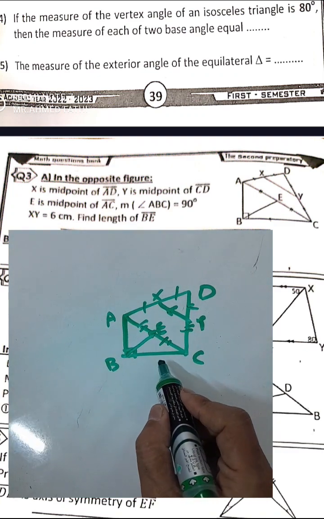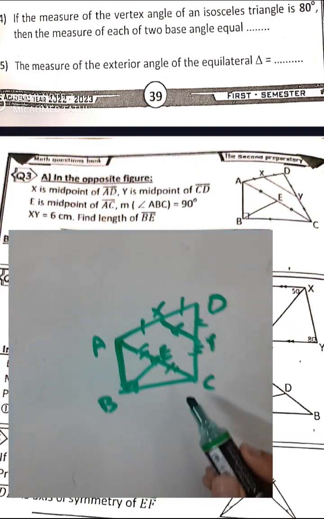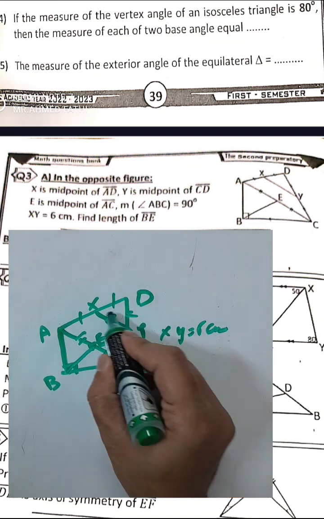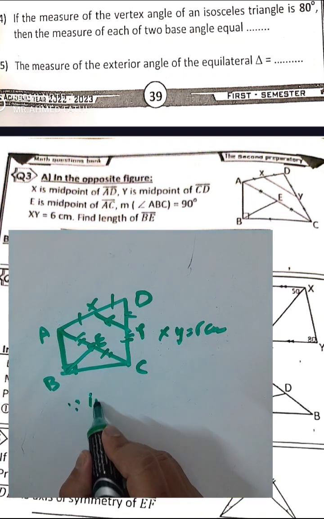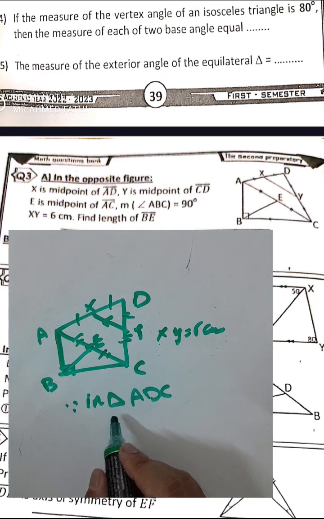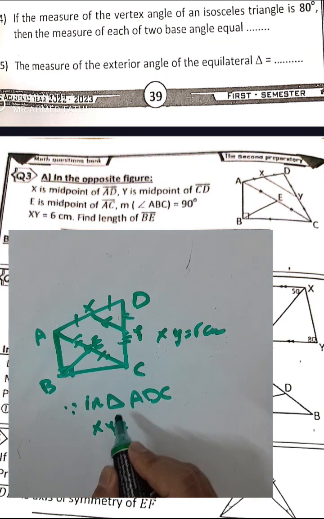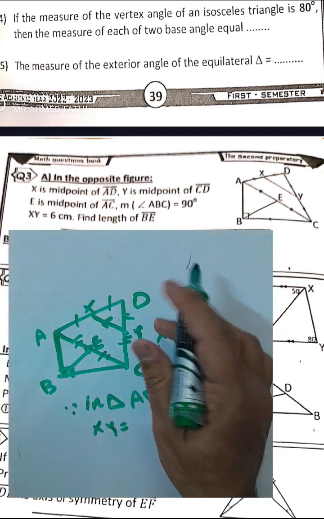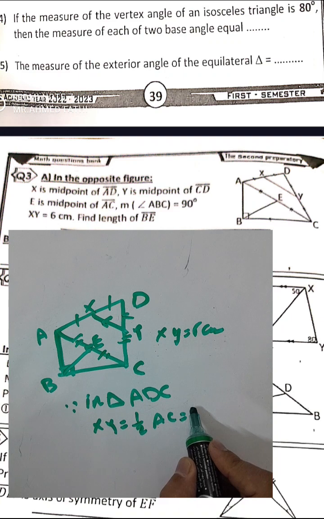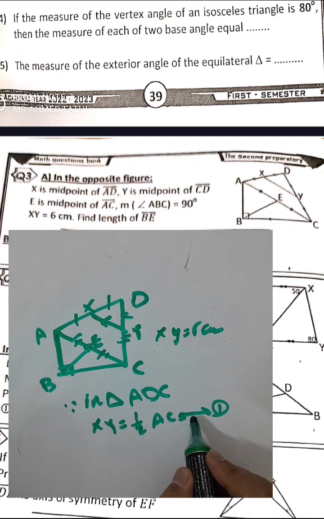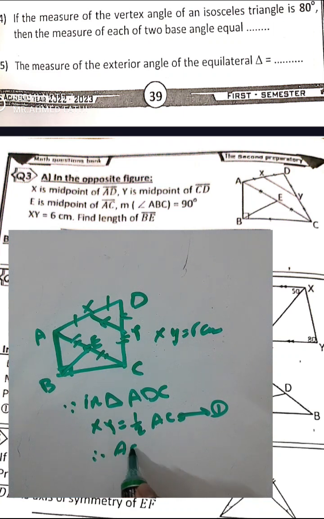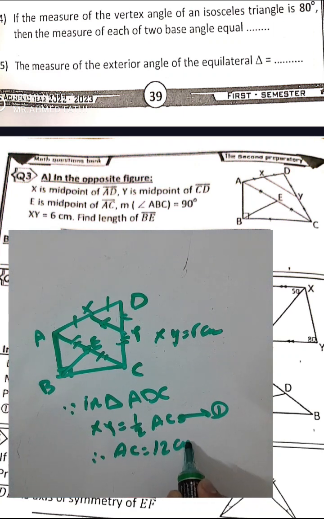Okay, he gives us again XY is 6 centimeters, such that in triangle ADC, X is the midpoint of ED and Y is the midpoint of CD, then XY will be half of EC. Solution number 1, and they give us XY equals 6. Then AC, twice 6, will be 12 centimeters.